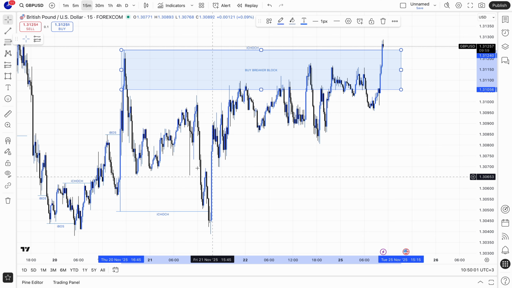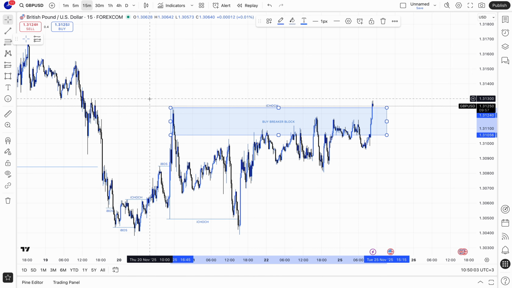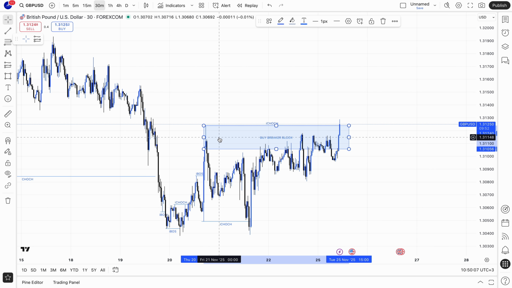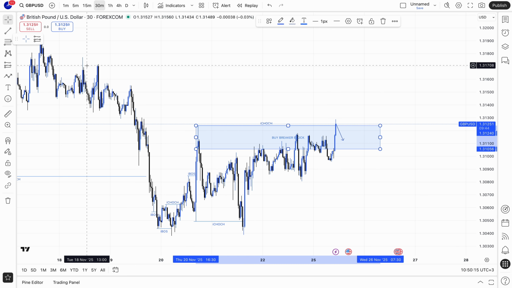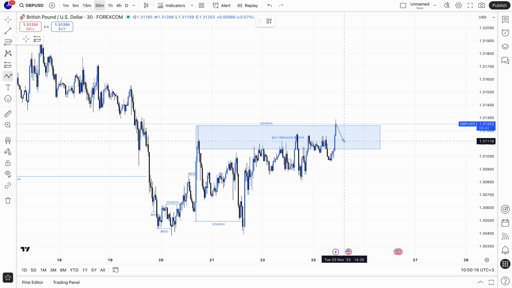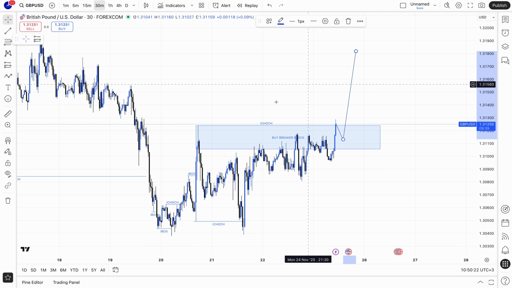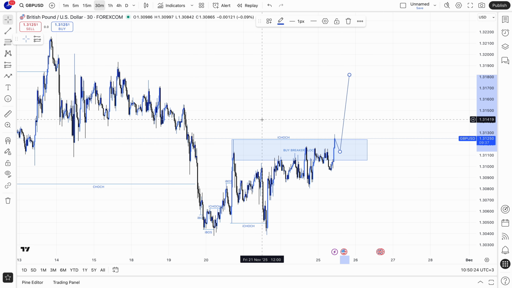You can see it. Now our plan is very, very, very simple. We're going to wait for the break from the 30 minutes candle. After getting that confirmation, then you're going to wait for the price to come back to this buy breaker block. Then after getting confirmation, then you continue buying.